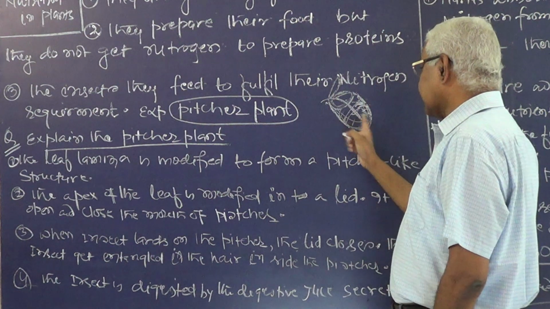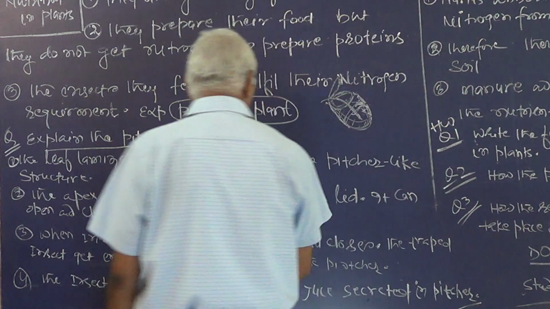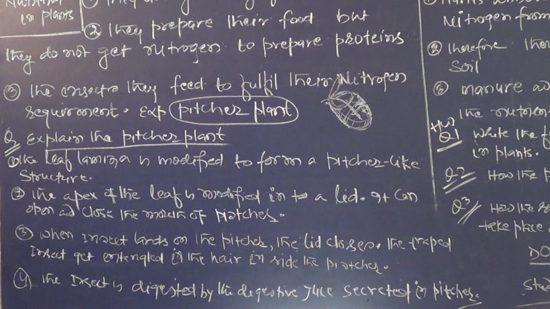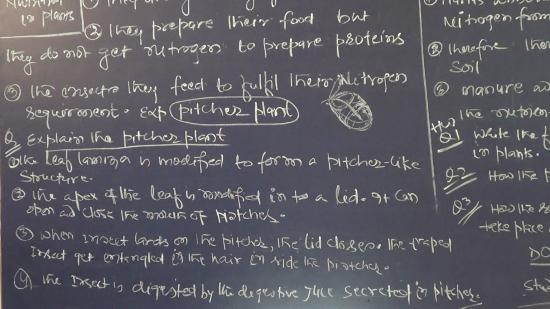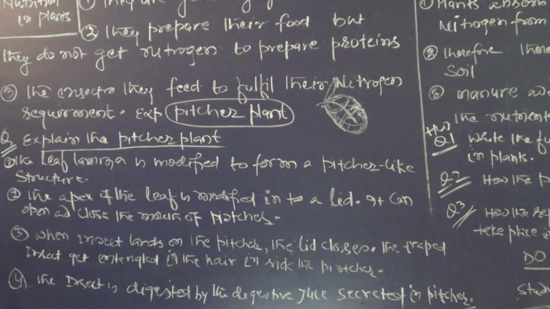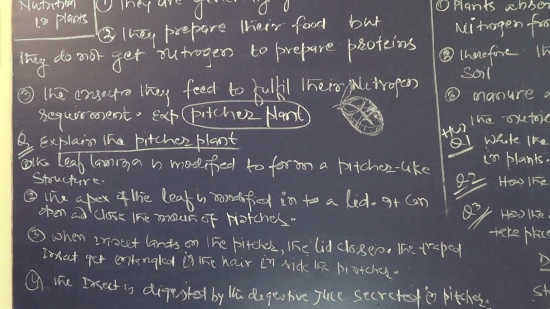So once the insect has come, it never comes out. So, explain the pitcher plant. The leaf is modified to form a pitcher-like structure. See, the leaf is modified to form a pitcher-like structure.